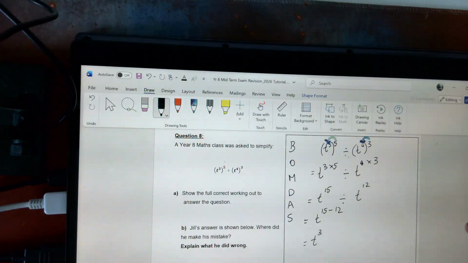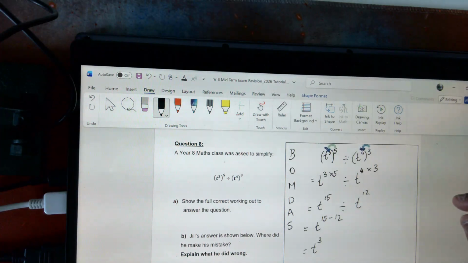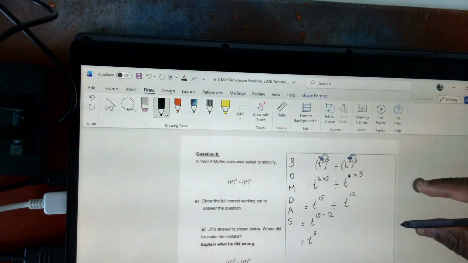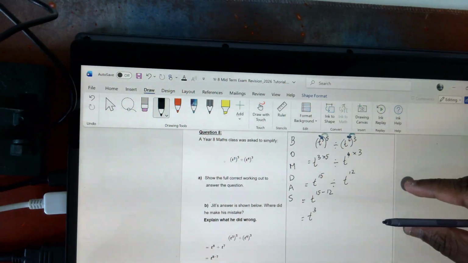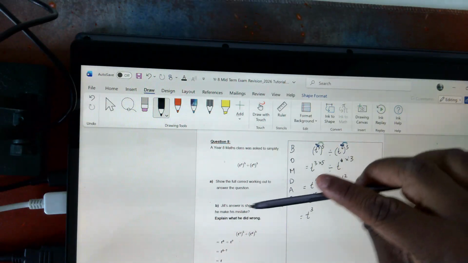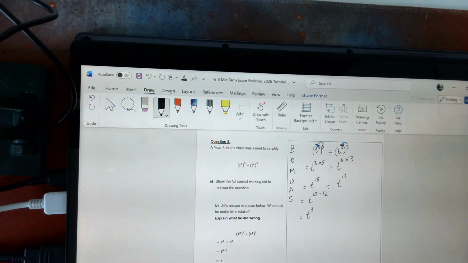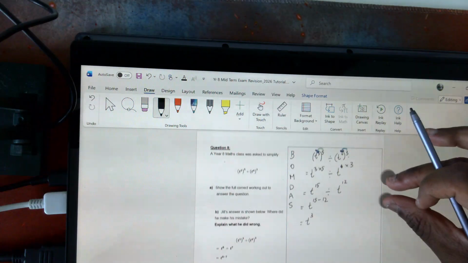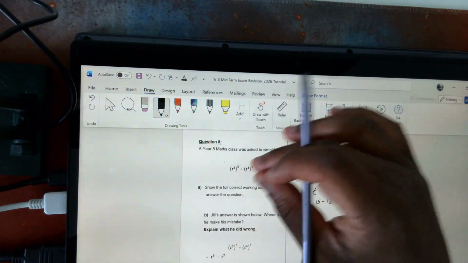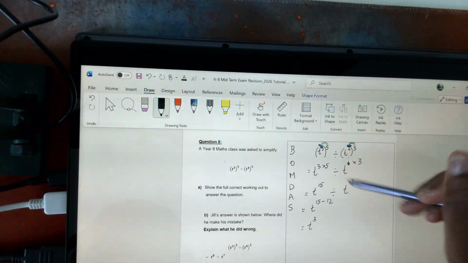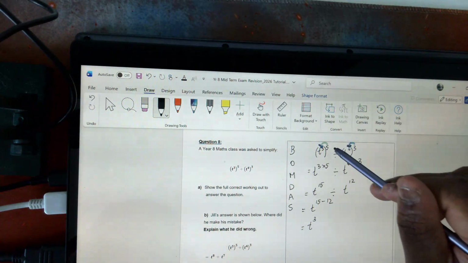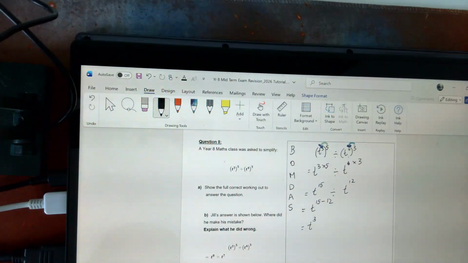Now let's compare that with what Jill has done. So part B says Jill's answer is shown below. Where did he make a mistake? So we can see here that I should get 15 and 12 because I'm multiplying the outside power by the inside power.